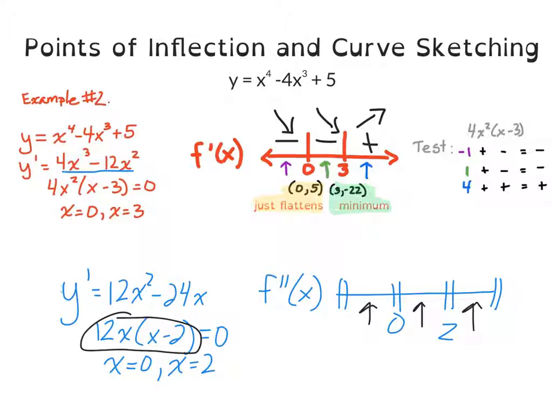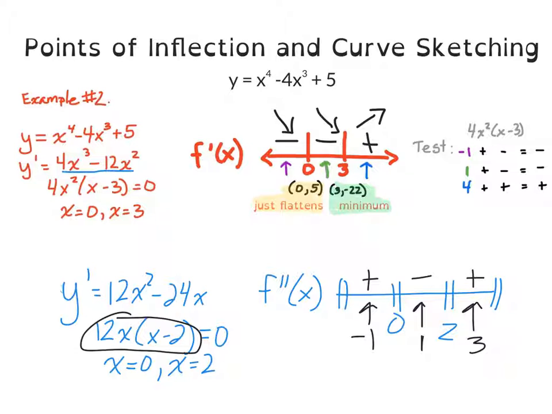If I test something like negative 1, which is to the left of 0, I would get a negative times a negative, which is positive. If I test something between 0 and 2, let's say a positive 1, I would get a positive times a negative, which is a negative. And then finally, if I test something greater than 2, like 3, I'll get a positive times a positive, which is positive.